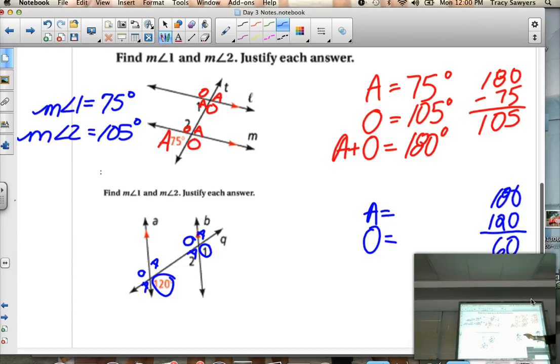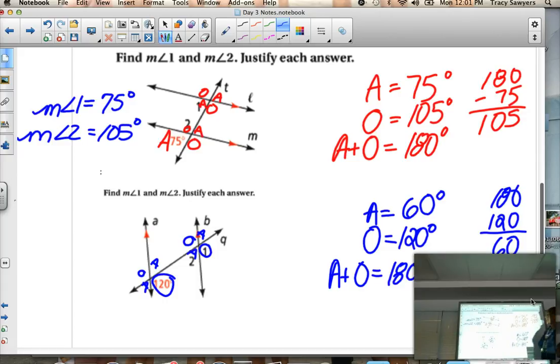So I know that all of my acute angles are 60. They told me my obtuse is 120. And what do we know about A plus O? It has to equal 180. Now this is only when the lines are parallel. That's really important. These angle relationships only exist with parallel lines.